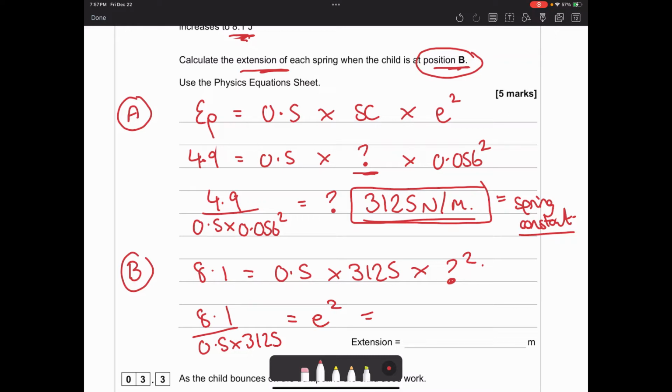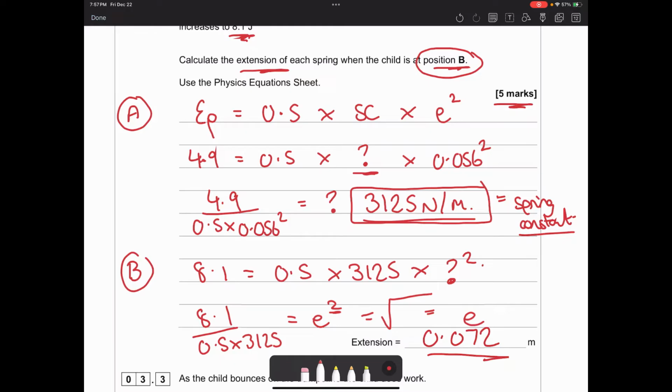I would then square root it, because I don't want extension squared, I just want the extension, and that would give me the extension. Now, if you've done all that, that should then give you 0.072 metres. So the extension at B would be 0.072.